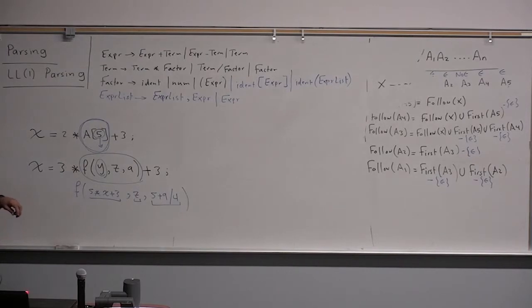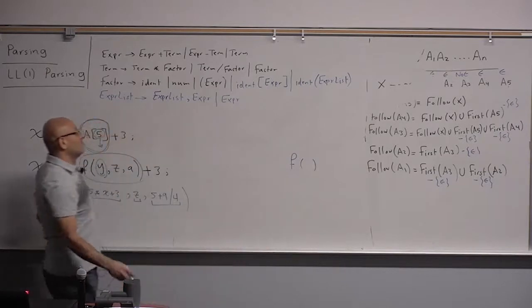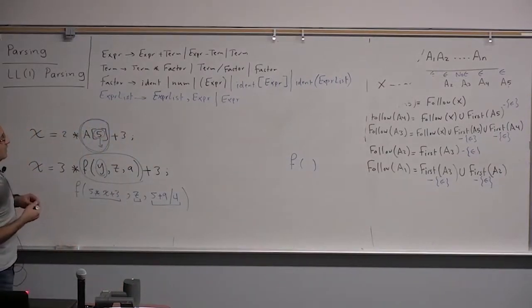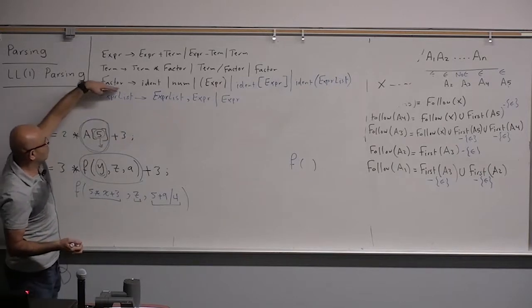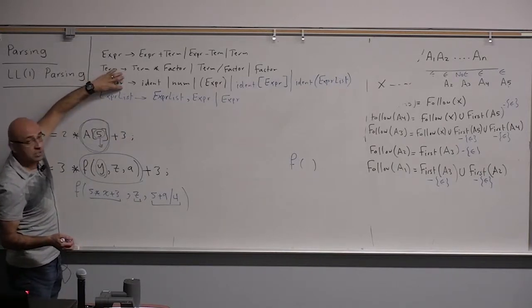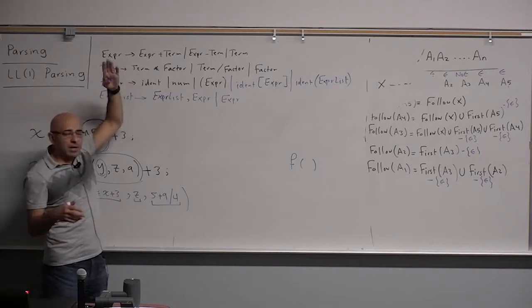If you want to accept something like a function call with an empty list, you can easily add an epsilon. The expression list could be this or an epsilon. So you introduce another variable here, which is an expression list with one expression or an epsilon. This is one way of doing it.